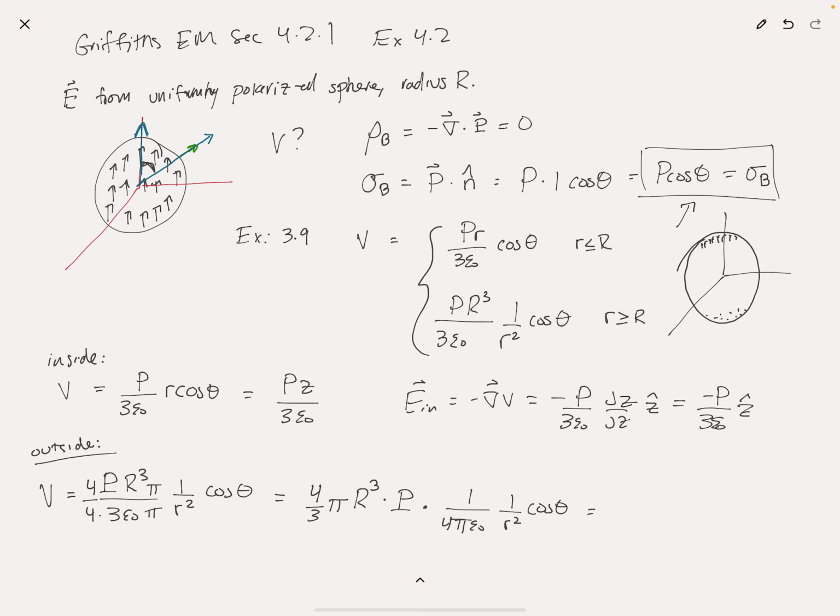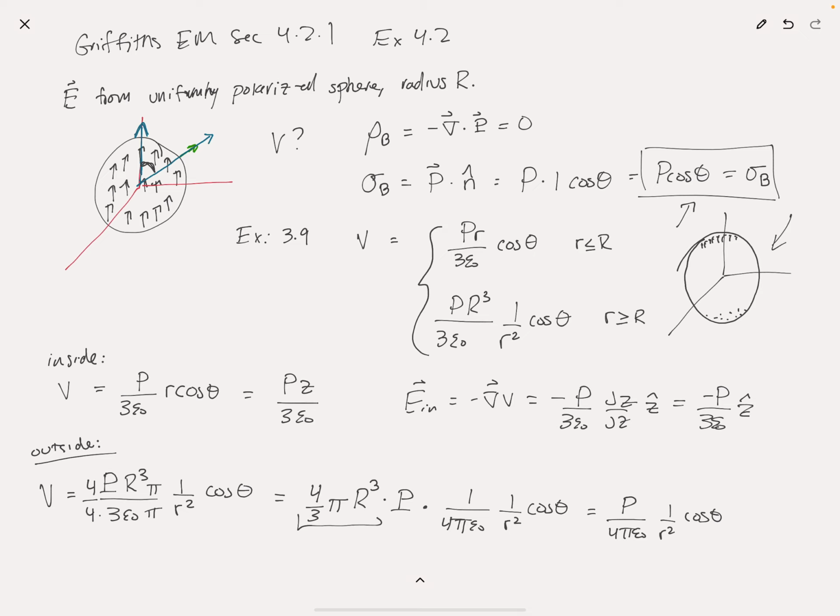I think I did that correctly. Now, what is the volume of my sphere times my polarization? Since the polarization is dipole moment per unit volume, that is just the total dipole moment of my sphere. So that's p over 4 pi epsilon naught, 1 over r squared, cosine theta. Now this is not capital P anymore. It's the dipole moment of my sphere.